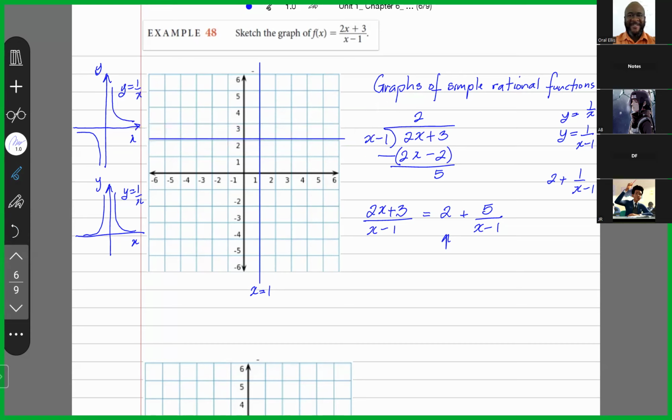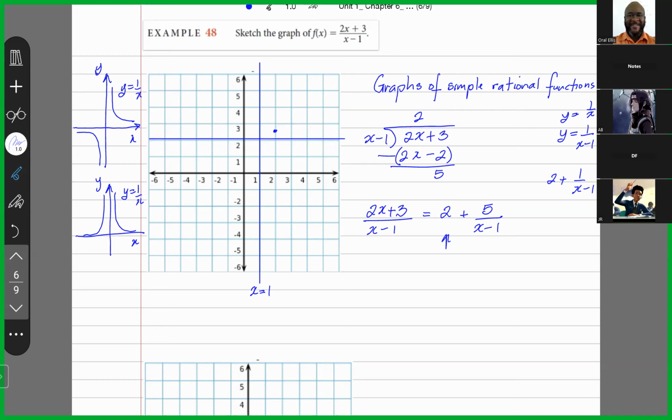Now, if I ignore, well, let's not ignore them. We don't have to. When x is 2, you have 2.5. So that would be here. Or no, it wouldn't be 2.5.